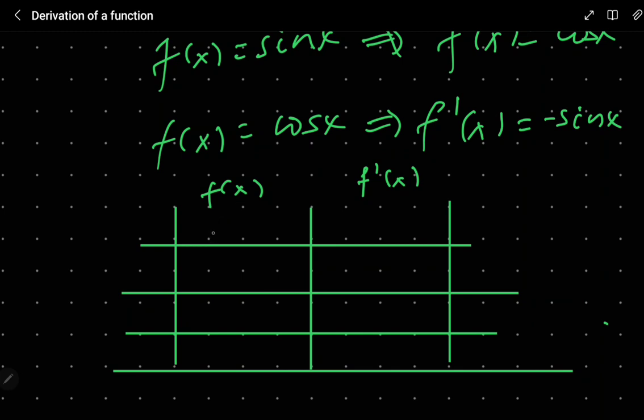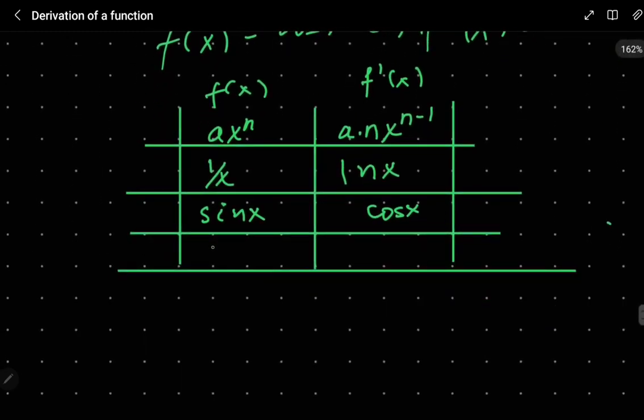So if f of x is x raised to the power n, then f derivative is gonna be a times n times x to the power of n minus 1. So if f of x is 1 over x, then f derivative is ln x. If f of x is sine x, f derivative is cos x, okay? And if f of x is cos x, f derivative of x is minus sine x.